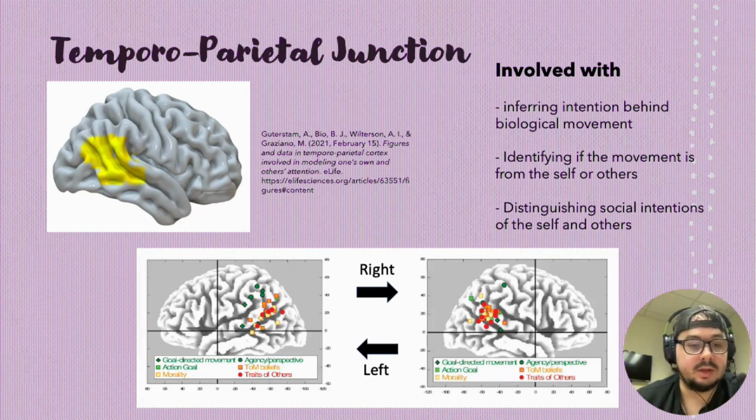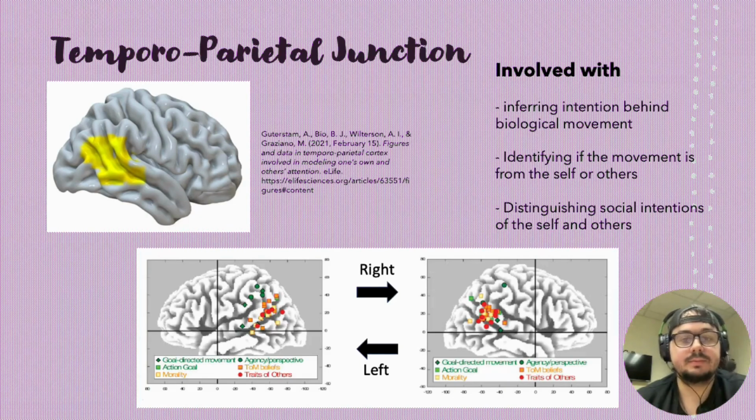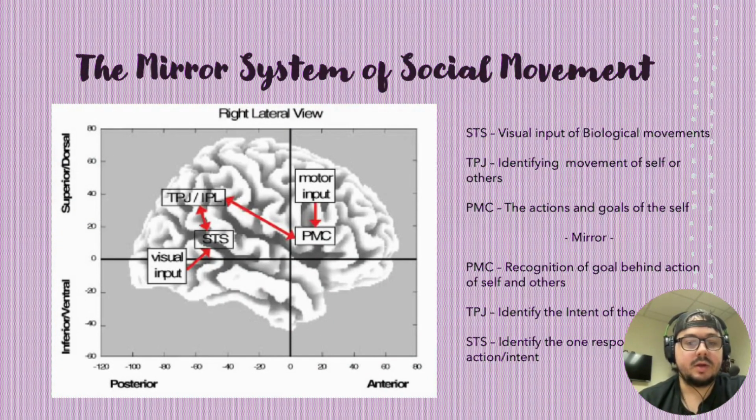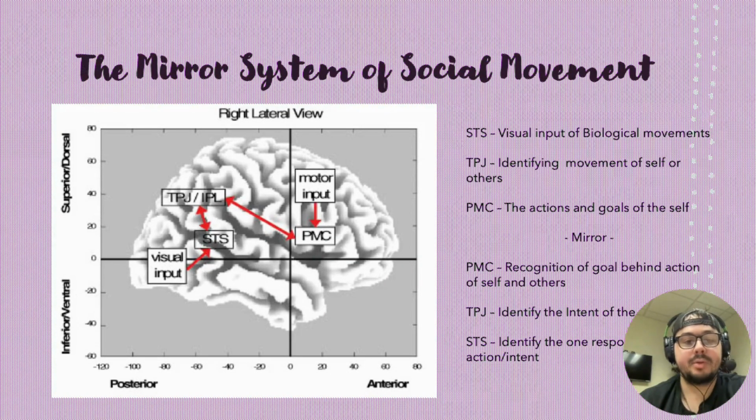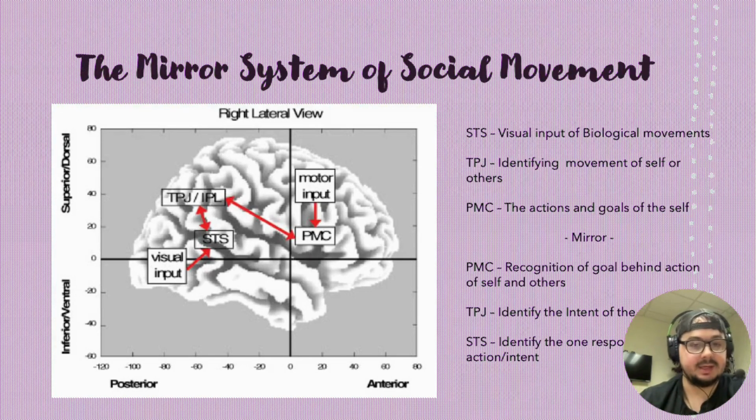And of course, this area is also involved in recognizing traits of others. And so here we see that there is an actual system involved in the perception of other people or other people's intents.